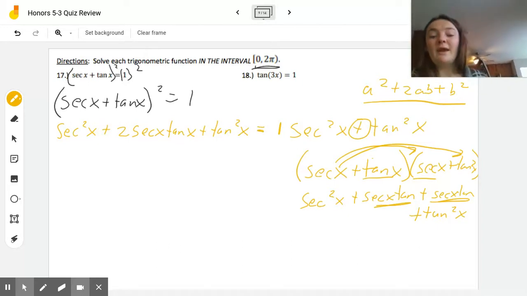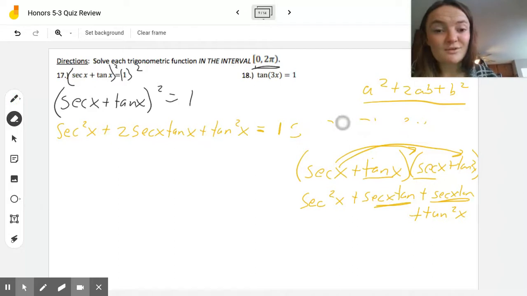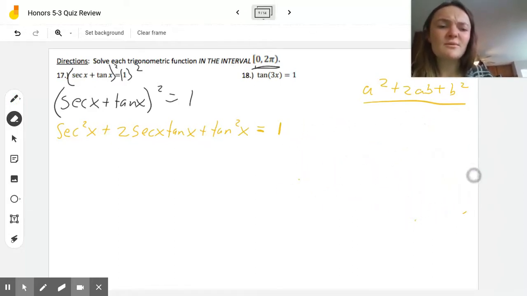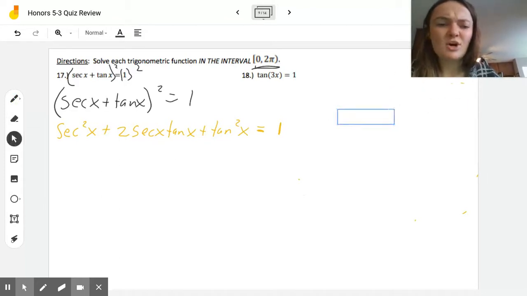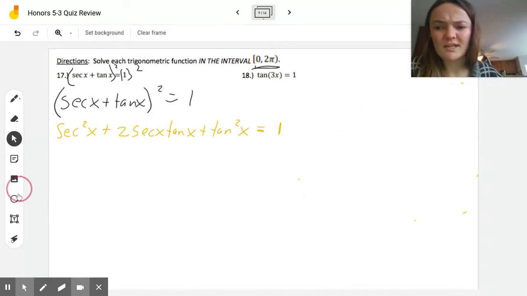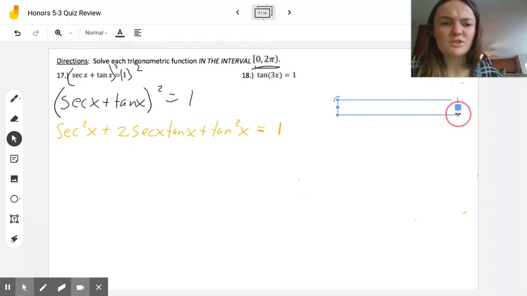Okay, so at this point, you still might be like, I have no idea why we did that because I still don't see anything. Well, here's another thing. Some things that I know are things that I can do. The first thing I always think to do is combine like terms.